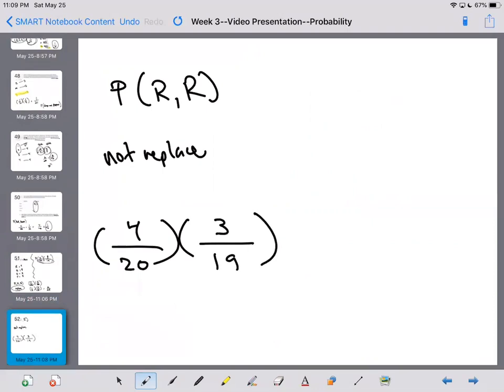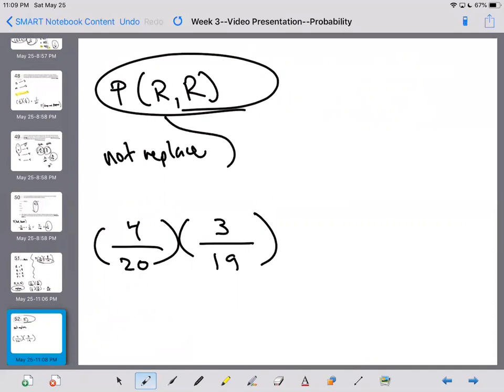So again, back to here. What's the probability of choosing a red, not replacing the marble back in the bag, and then choosing another red? Well, the first one is 4 out of 20, which would be 1/5. If I don't replace it, I leave it out of the bag. Now I've got 19. I don't have 4 red marbles anymore, I have 3.